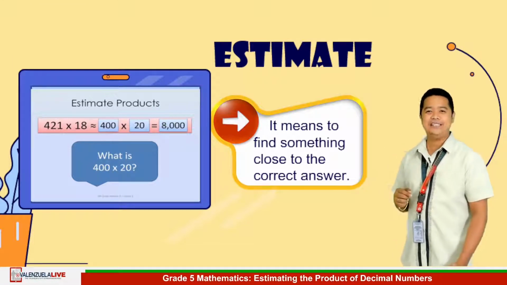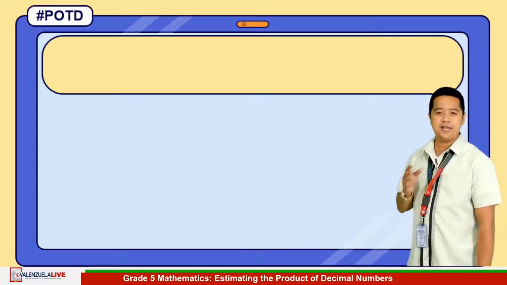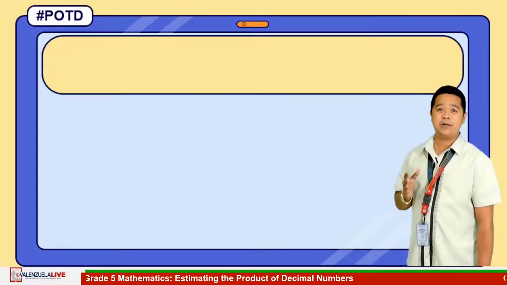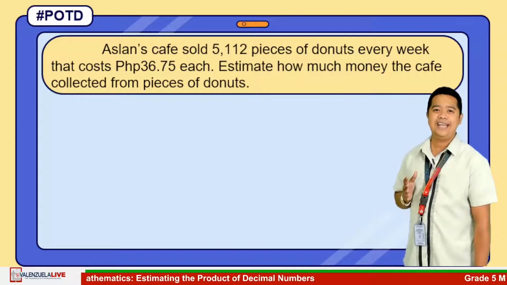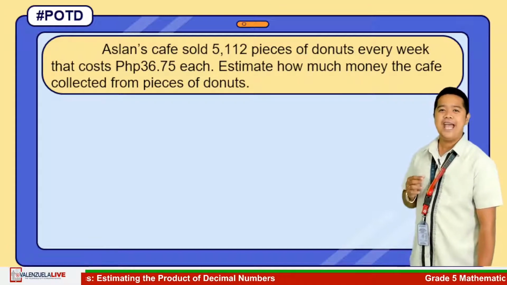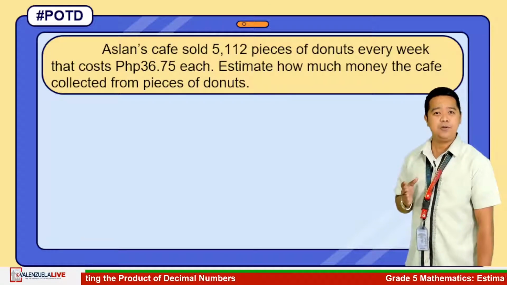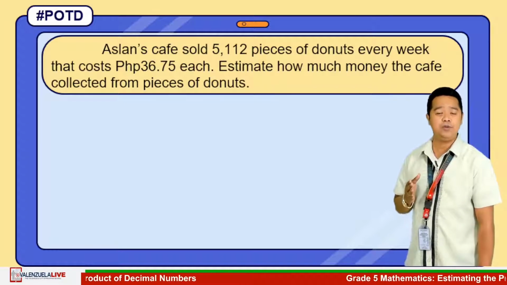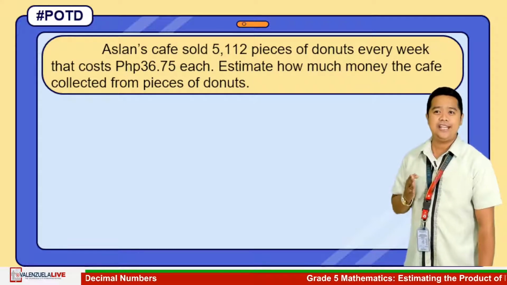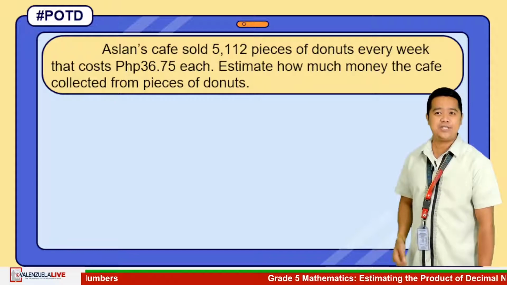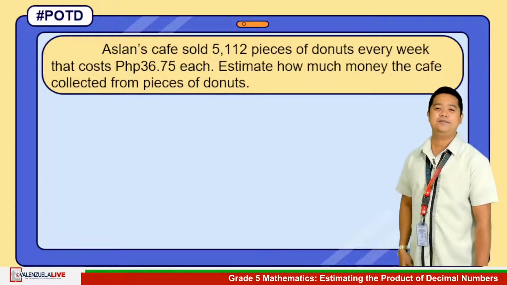So, let us try. For our first POTD or problem of the day, let us read. Aslan's Cafe sold 5,112 pieces of donuts every week that cost 36 pesos and 75 cents each.